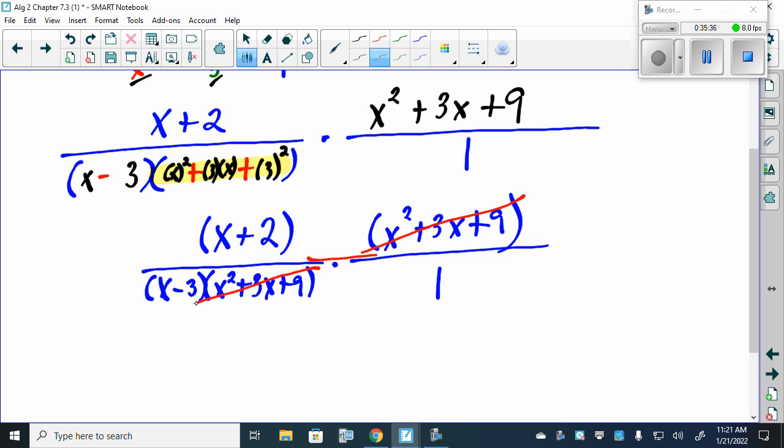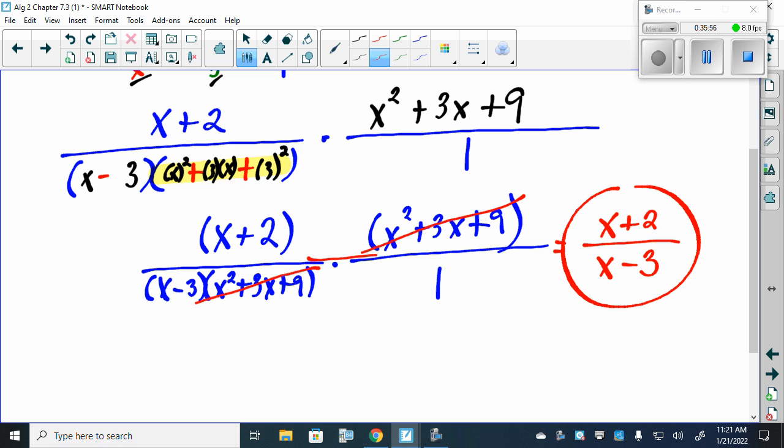Because we can join them, really, that's all we were doing. We were just putting them next to each other, just taking the space out. So really, what's left over? X plus 2 over x minus 3. And we would have this here.